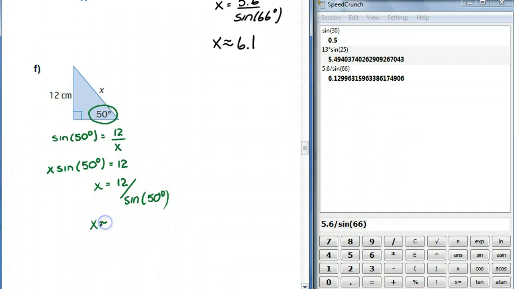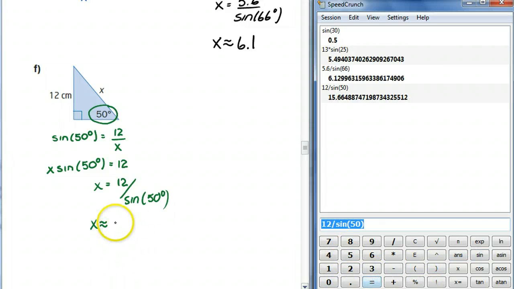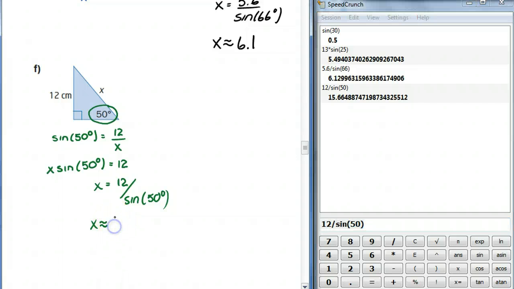So x is approximately, don't forget to put that approximate symbol, 12 divided by sine of 50, and we get approximately 15.7 centimeters. And then I ask myself, do I feel good about this? And the answer is yes, because 15.7 is larger than 12, and since x is the hypotenuse, that makes sense.